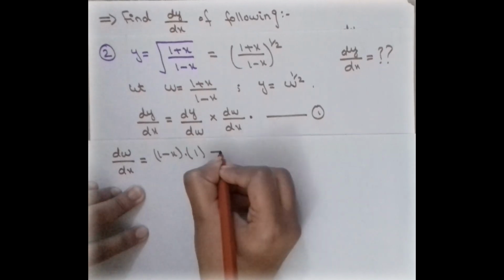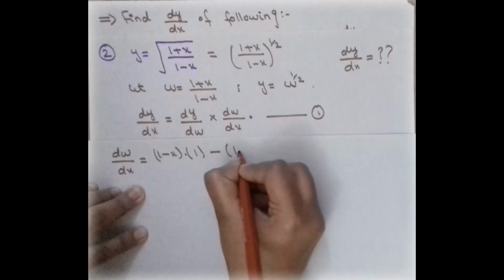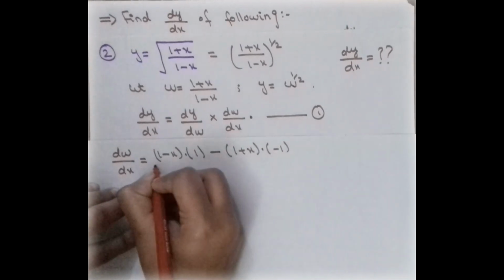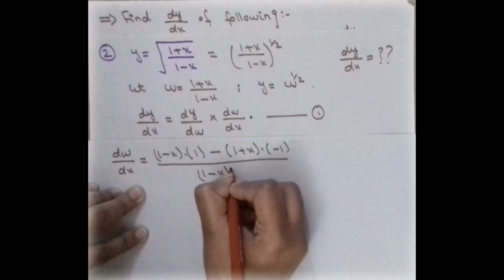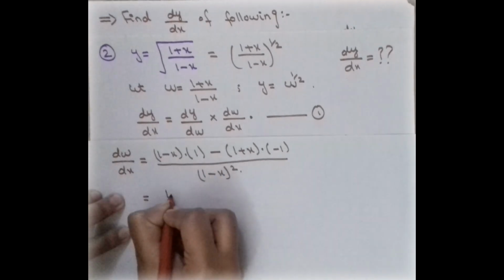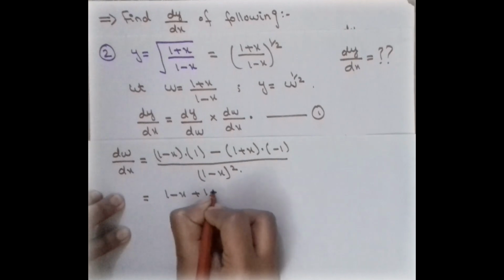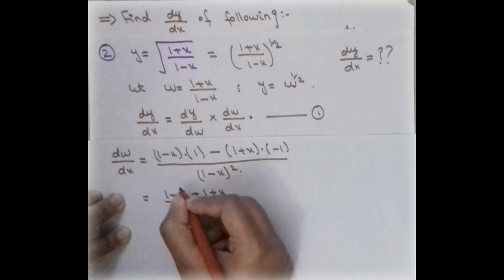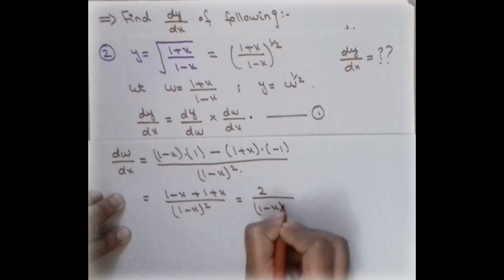The sign between them is minus, and then the term in the numerator, write it simply, 1 plus x, multiplied by the derivative of the term in the denominator, which will be minus 1, divided by the square of the term in the denominator, 1 minus x. It will be plus 1 and plus x divided by 1 minus x square. The x is cancelled out, so it will be 2 divided by 1 minus x squared.